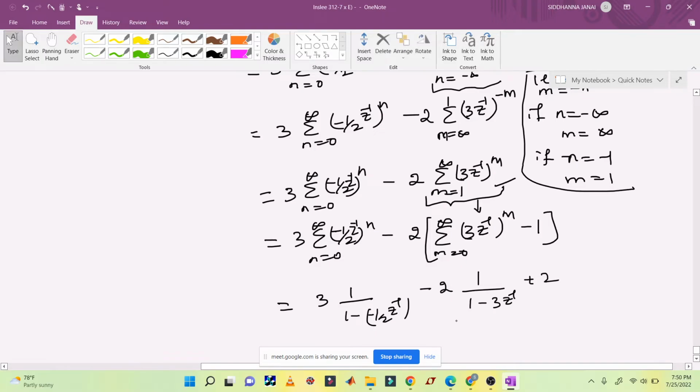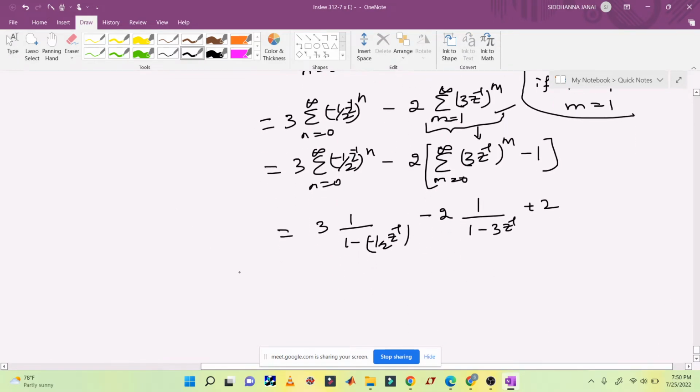So this is what we are going to get finally. Now let us solve this. Minus of 1 by 2 is plus, so I will write it as 1 divided by 1 plus 1 by 2 z inverse, minus 2 divided by 1 minus 3 z inverse, plus 2.